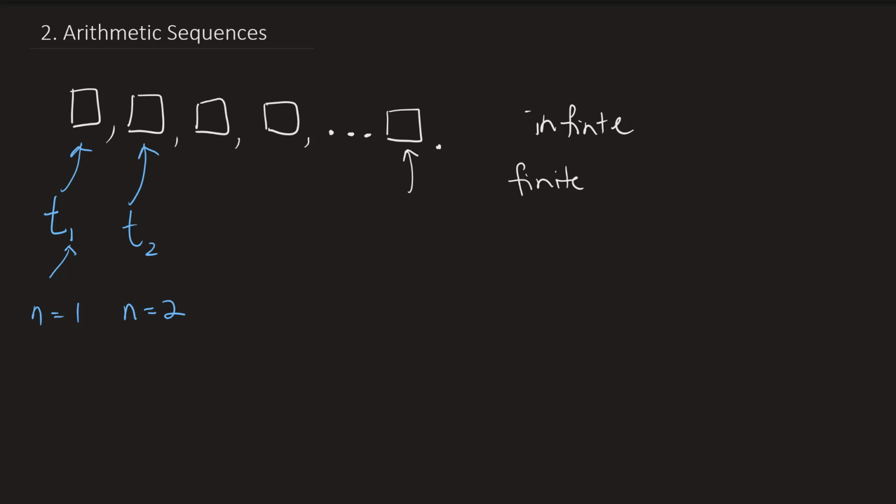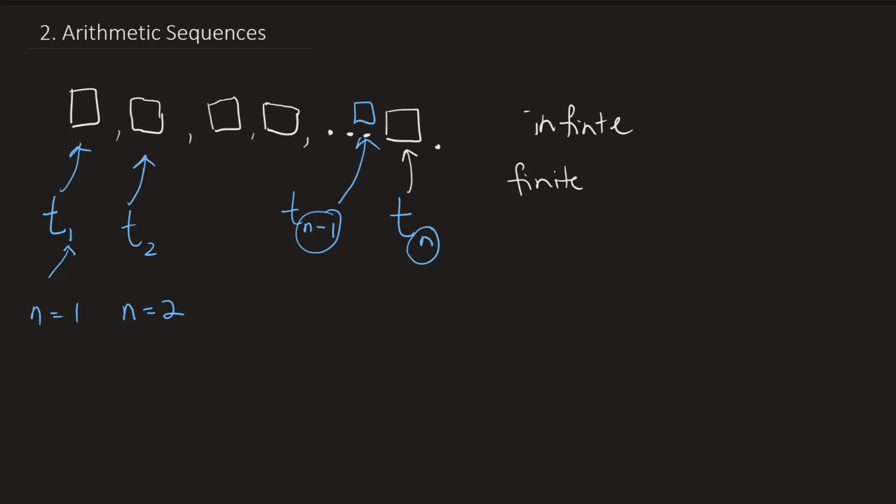And if I went on and let's say I did not know how many terms there were, I would just call this last one tn. Now, if I had another term inside here, I would call that one tn minus 1. So just think of these subscripts as ways to name the terms.